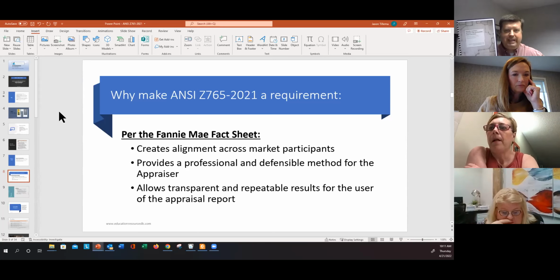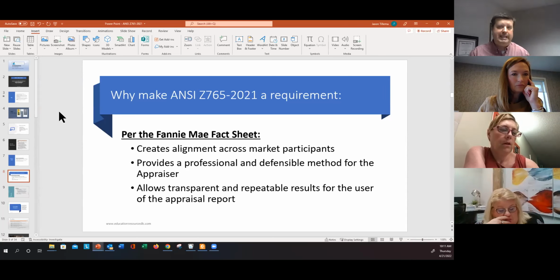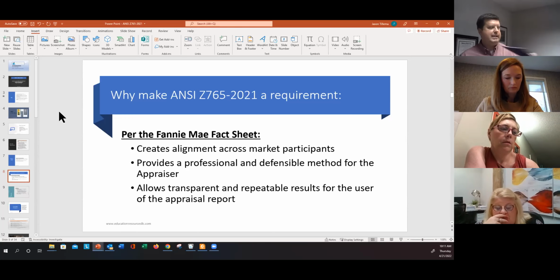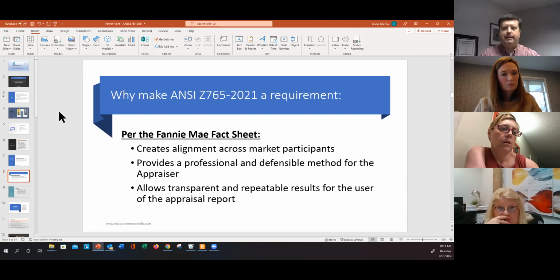And he said, I have no idea how the other appraiser did it. Well, the other appraiser didn't follow any standard. And so by having a standard, it gave the appraiser a lot more credibility in that litigation assignment. It does allow for transparent and repeatable results for the user of the appraisal report.